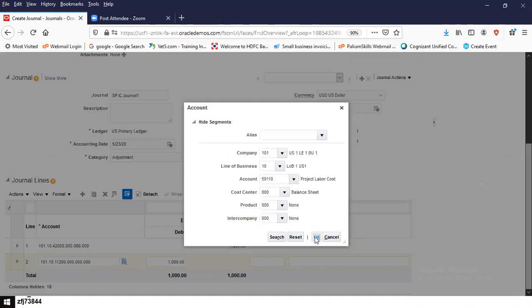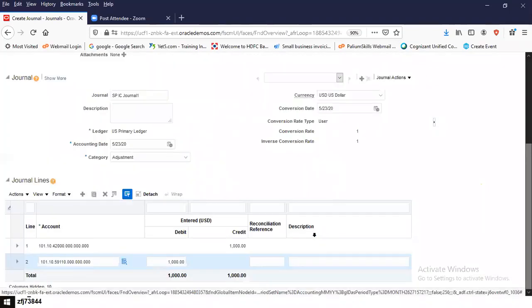The balancing in this particular case is at the company level. Whether it is in payables or receivables, behind the scenes that accounting entry gets generated with that distribution, and all that accounting entry eventually comes into the general ledger.